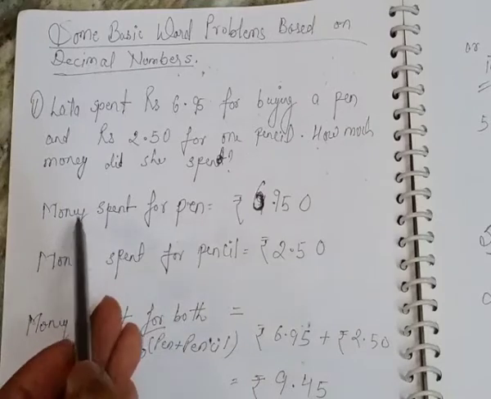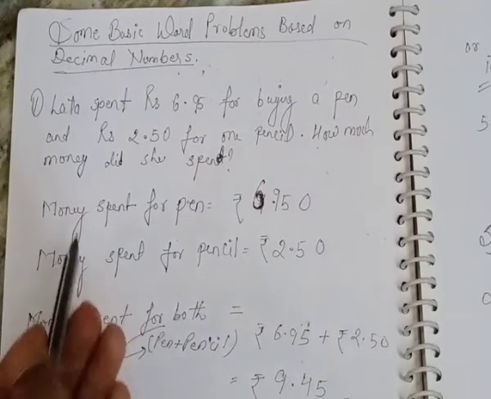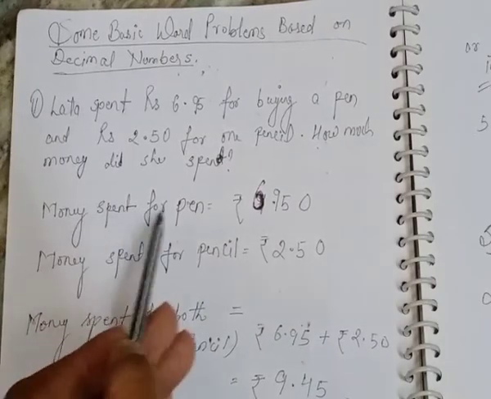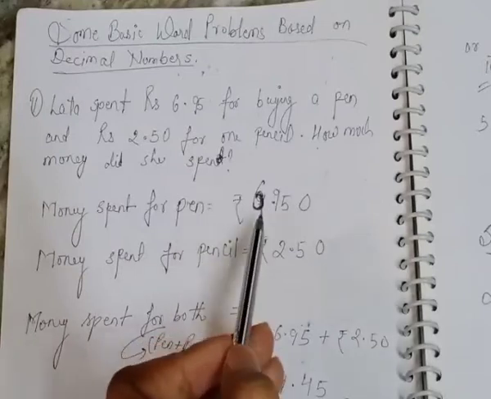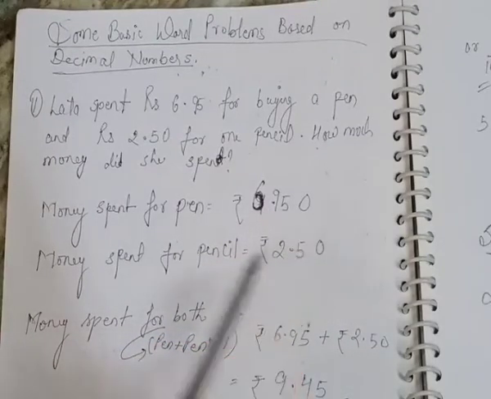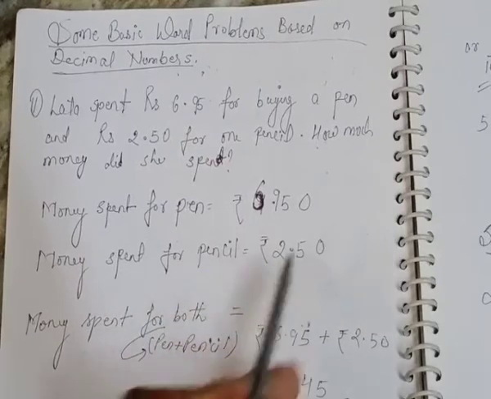I have written the statement over here. You can write the statement on your own also. Money spent for pen is 6.95, and money spent for pencil is 2.50.